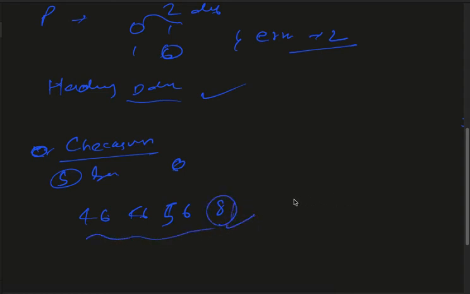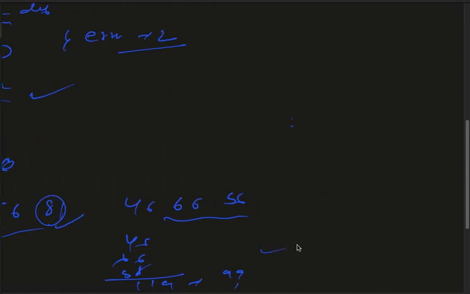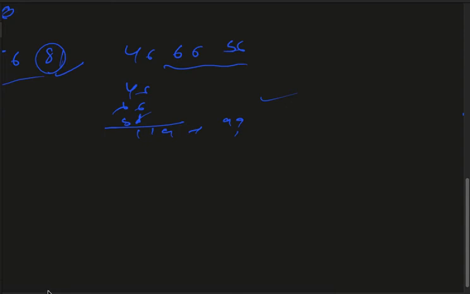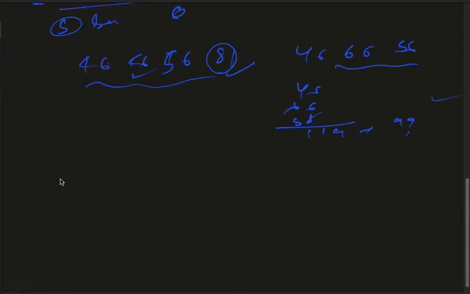This is the trick of finding: 99 plus 1. Then after the checksum comes the code.